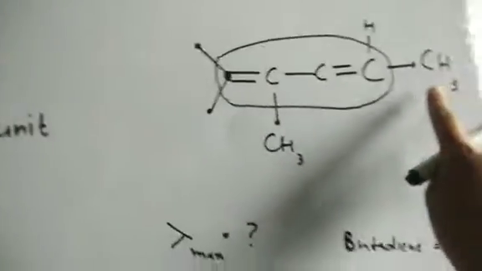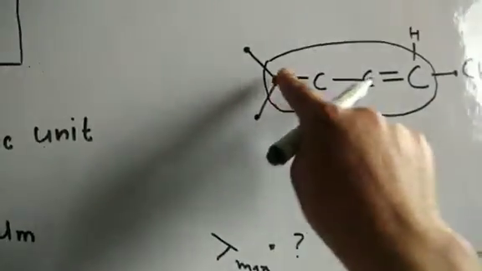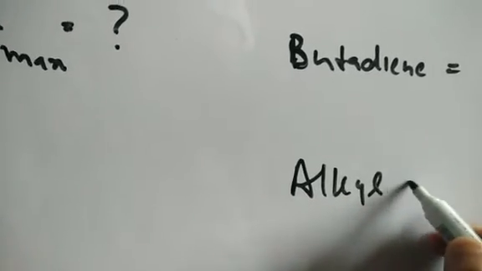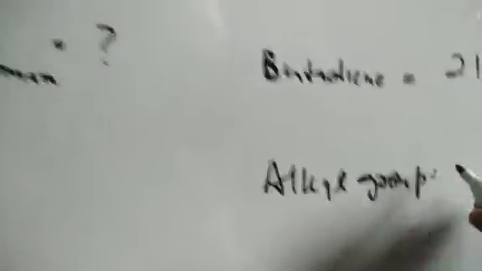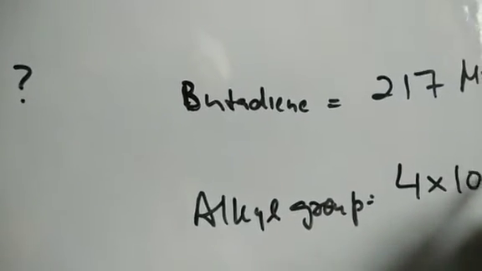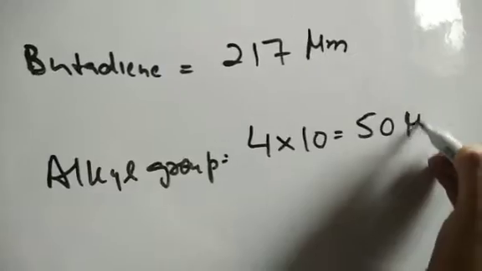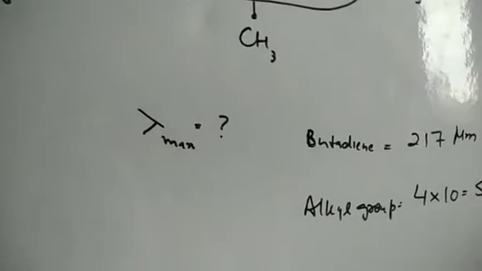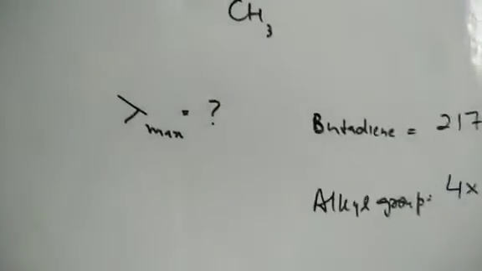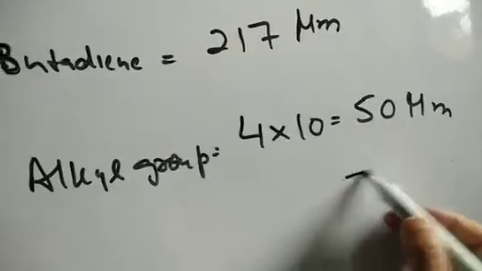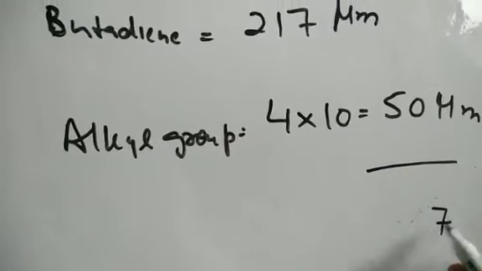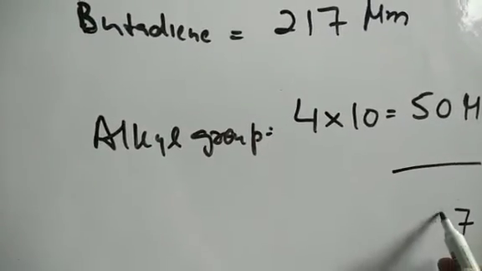How many groups do we have? 1, 2, 3, 4. So the contribution of alkyl groups is 4 into 10, that is 40 micrometer. Is there anything else in the molecule? Nothing else. So we add up: 217 plus 40 gives 257.